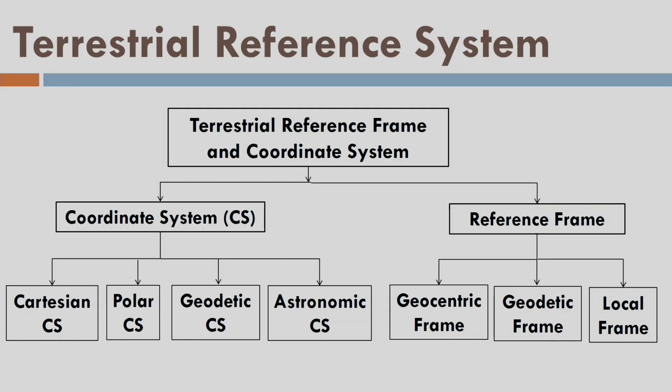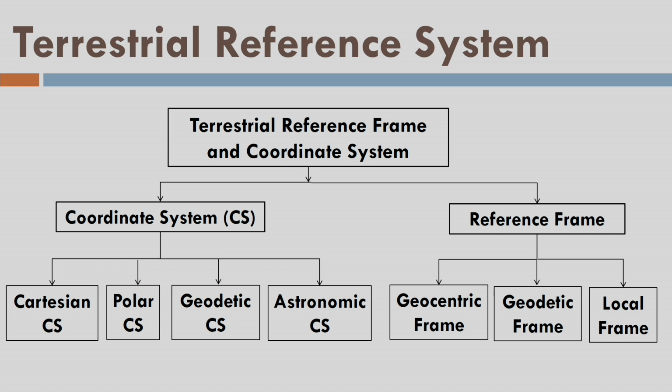And remember, we have defined various ellipsoids and reference frames like Everest, Clarke, NAD 27. All these are geodetic reference frames because they are particular to a continent or region, not for the complete Earth. Then we have a local reference frame.